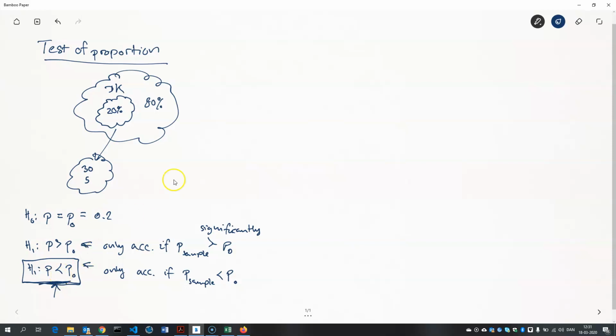Right. So how do we do the test? Well, as usual, we will have to compute a test statistic. And as usual, the test statistic is the sample result minus the hypothesized value divided by the standard deviation.